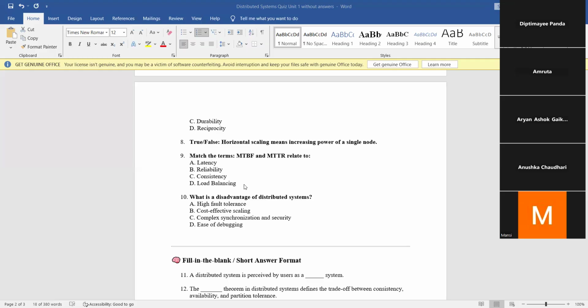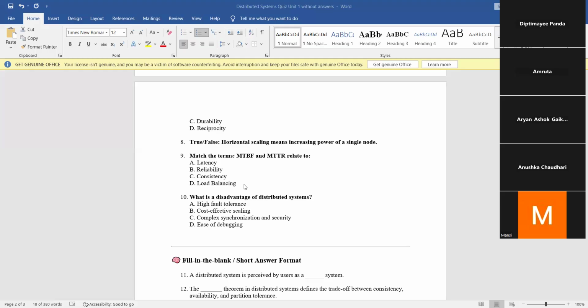Mean time between failures measures how long a system runs before a failure occurs. Whereas MTTR is mean time to repair. It measures how quickly the system can be restored after a failure. If you want, you can write down both of these reliability metrics.